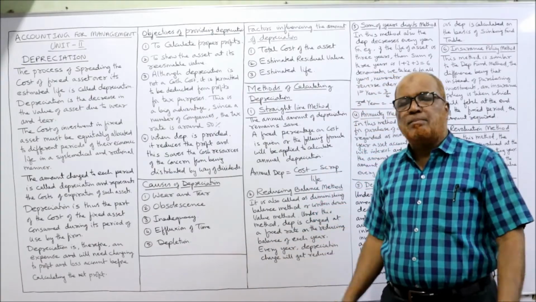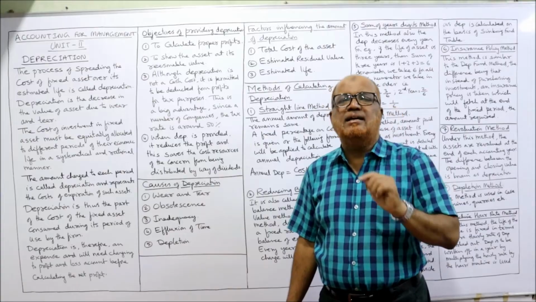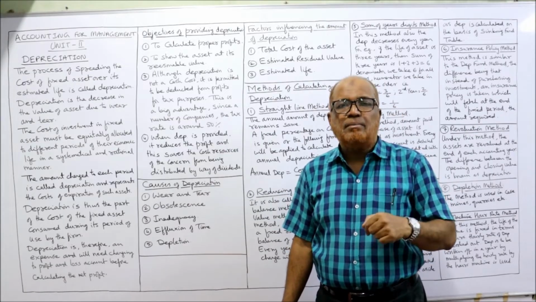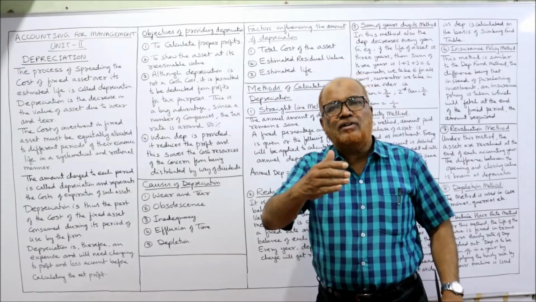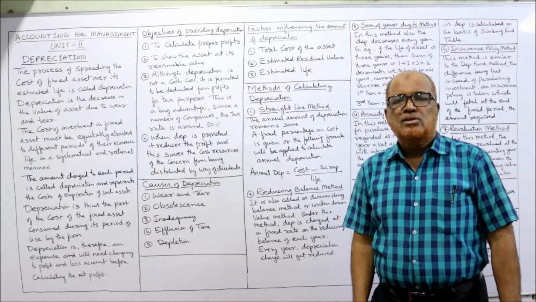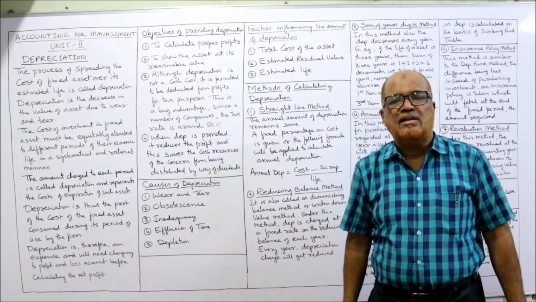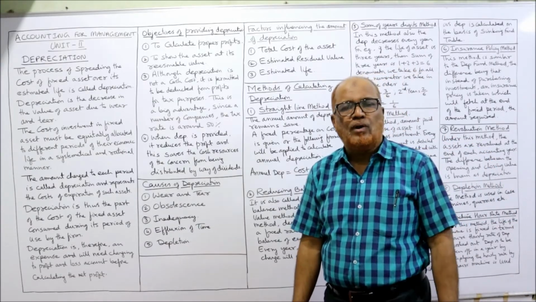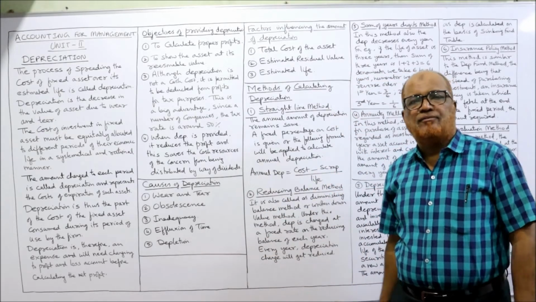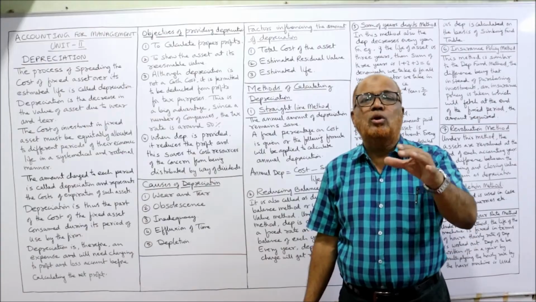Example, a business purchased a machine for rupees 1 lakh. Estimated life is 10 years. And we estimate that at the end of 10 years, we will be able to sell the machine for 10,000. So this 10,000 rupees which we fetch at the end of the life of the asset is called scrap value or residual value. Estimated life: for every asset we have to estimate what would be the life.